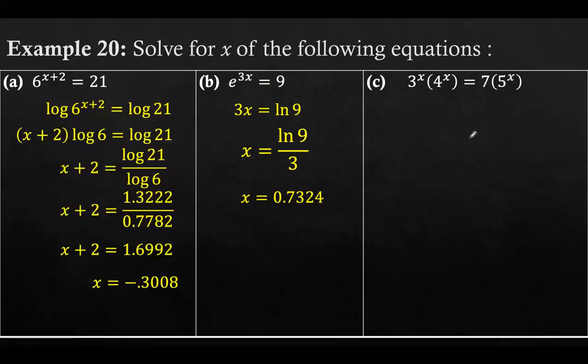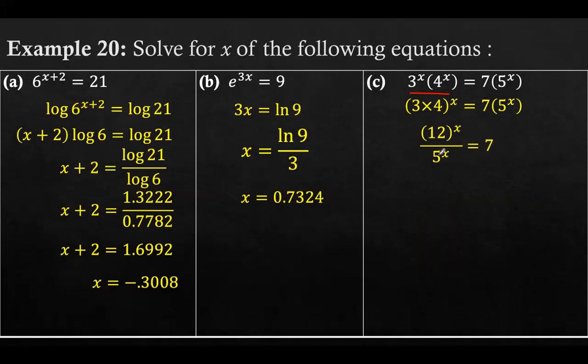Since this is in index form and the power is the same, we can multiply the base, 3 times 4. So it becomes 3 times 4 to the power x equals 7 times 5 to the power x. Then we bring 5 to the power x to the left hand side by dividing both sides. So you get 12 to the power of x over 5 to the power of x equals 7. Where does 12 come from? 12 from 3 times 4.